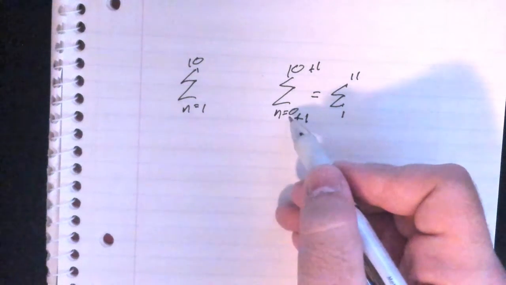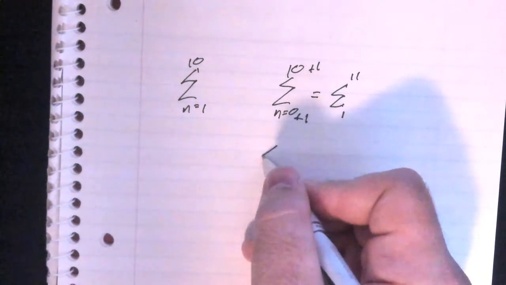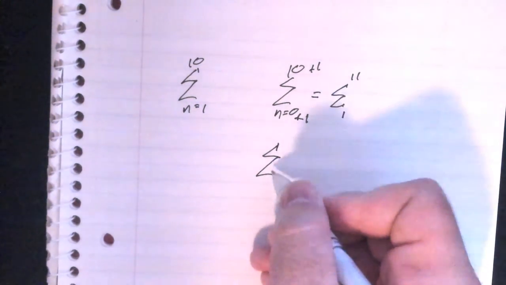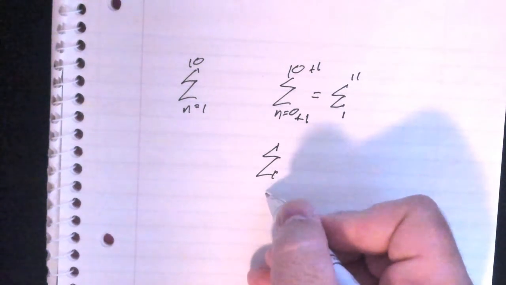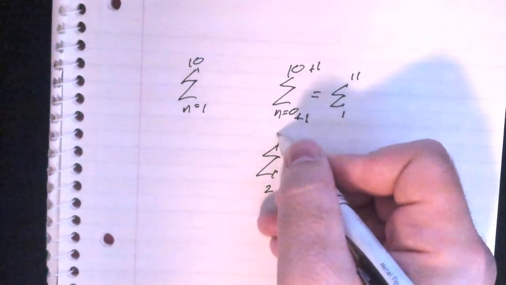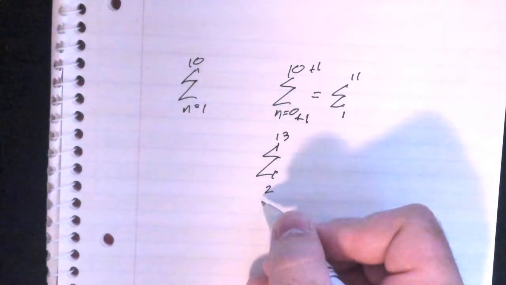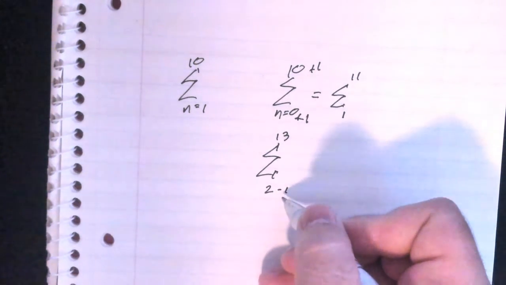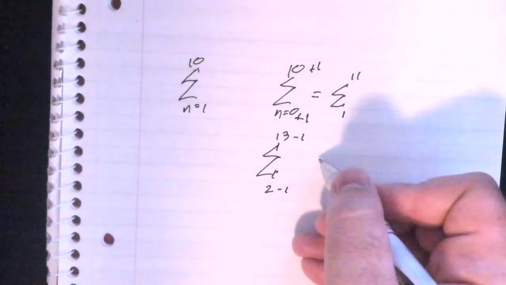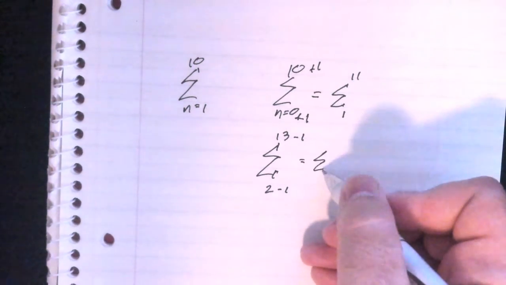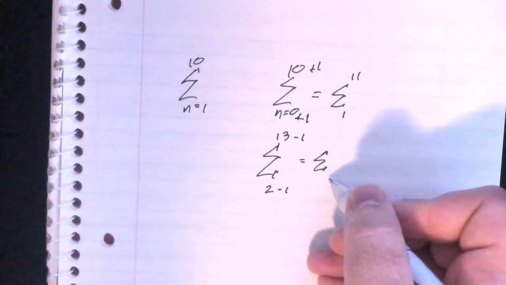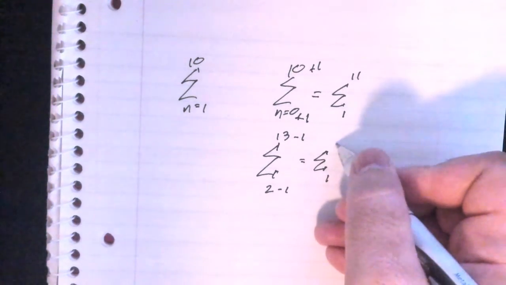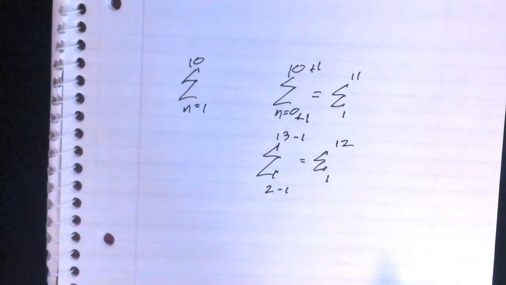Another example would be if it said 2 down here and 13 up here. Well, that's not 1. We have to make it say 1 by subtracting 1. But what you do to the bottom, you do to the top. So that is equivalent to going from 1 to 12.